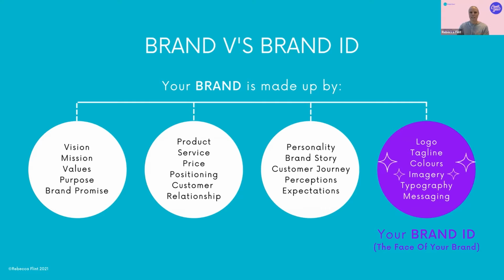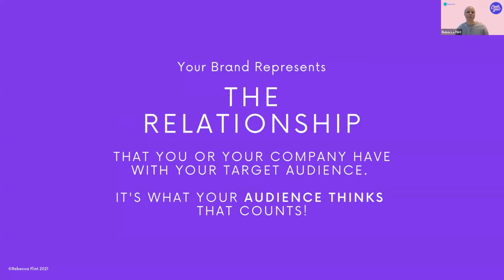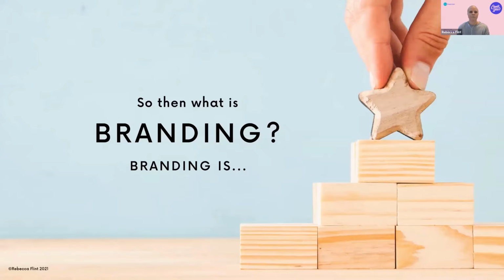So all of this comes in under brand. That last bucket is your brand identity or brand ID. Your brand represents the relationship that you or your company have with your target audience. And at the end of the day, it's what your audience or your customers think and feel about your service. And really, that's what makes up your brand.